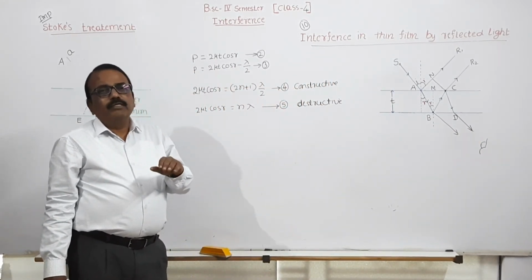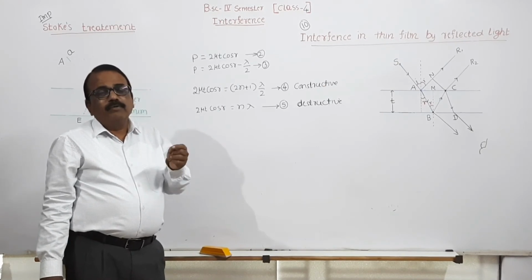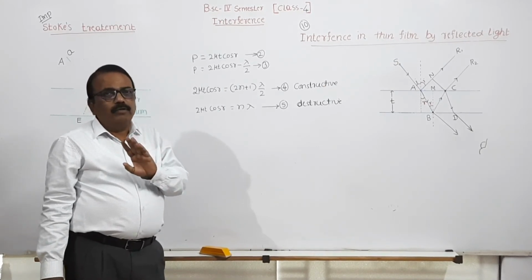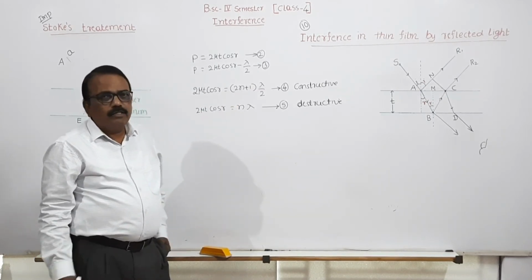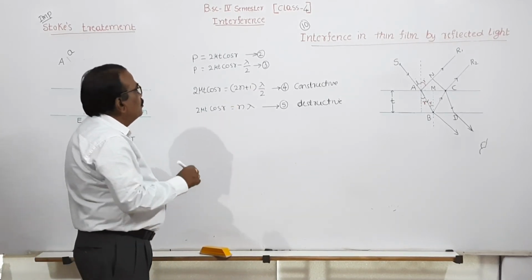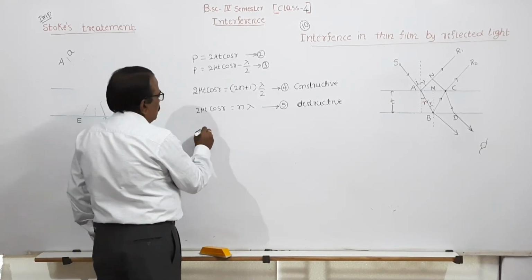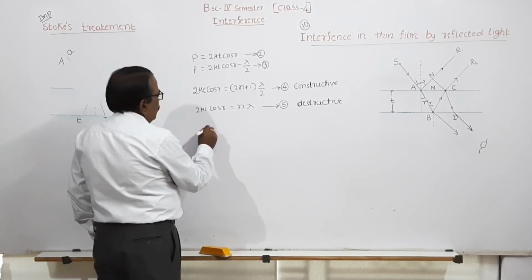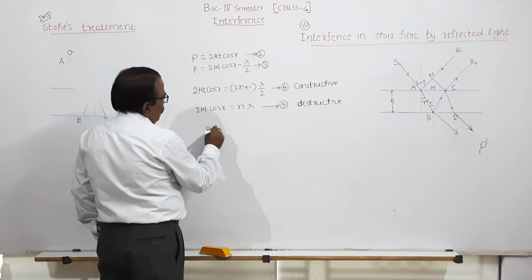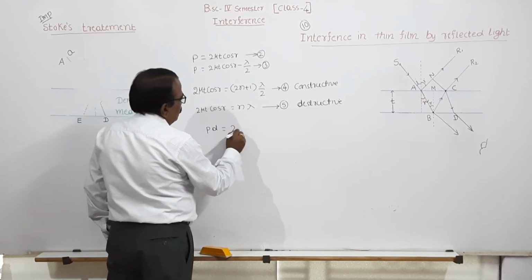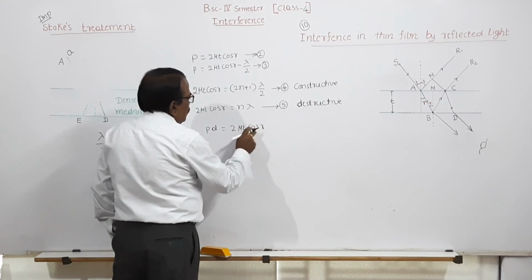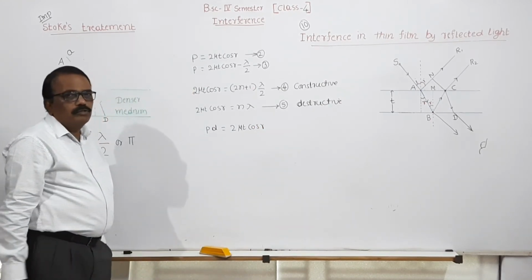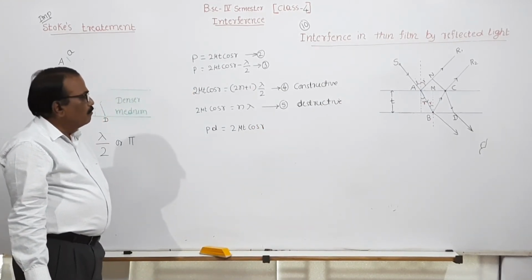But in the transmitted system, the path difference lambda by 2 never occurs, because this is true only in the case of reflected system. Therefore, for transmitted system, your path difference is as it is 2 mu t cos r. Here we cannot apply that Stokes law.